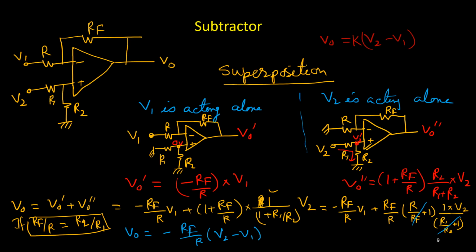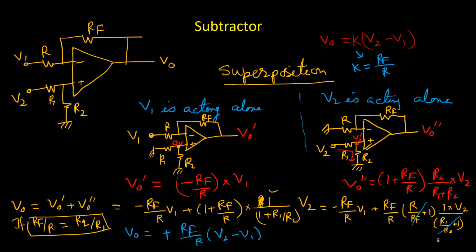If I consider V2 minus V1, then it is positive: RF by R multiplied by V2 minus V1. That's simple. So here this K is becoming RF by R. This is your K, the gain of the amplifier.